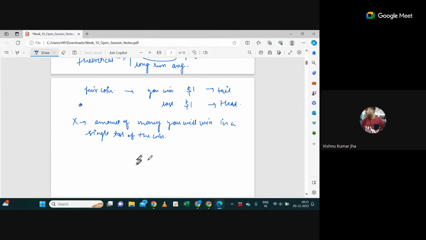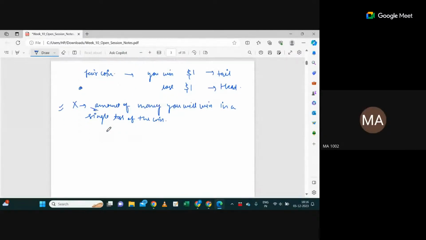First we find how much the winning chances are and how much the losing chances are. Basically, I can find the expectation value. If the expected value of my random variable is positive, then I will play the game. Otherwise, if it is negative, I will prefer not to play the game.